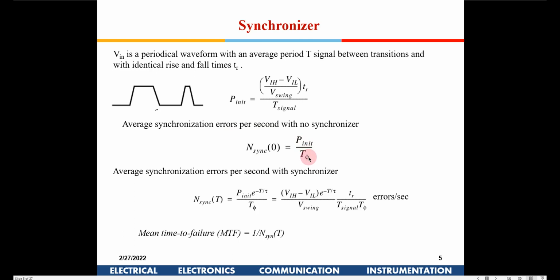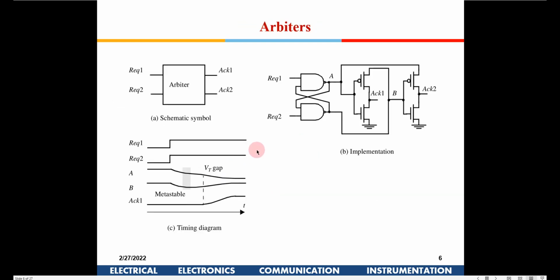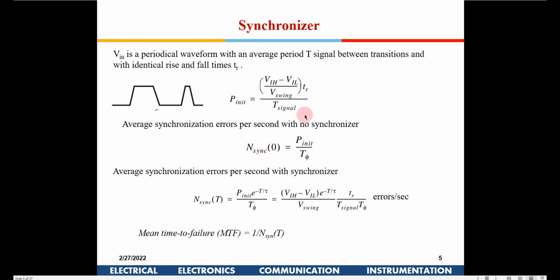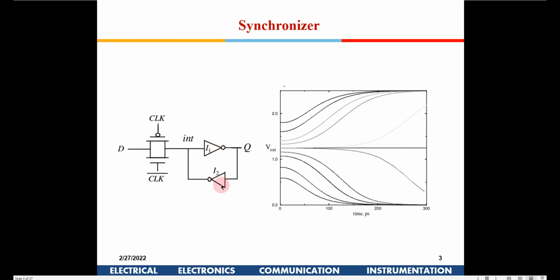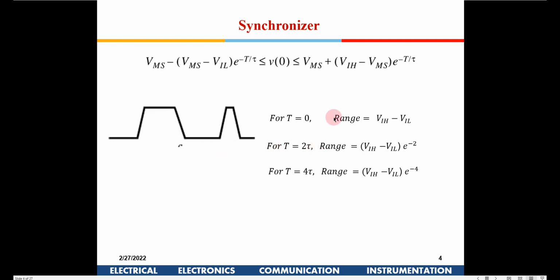Now if I am using a synchronizer, we also saw that with the tau increasing, the range of input voltages goes down exponentially. For 2 tau it is e to the power of -2, for 4 tau e to the power of -4.